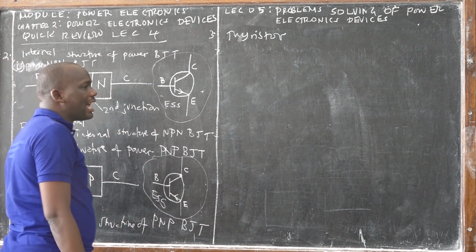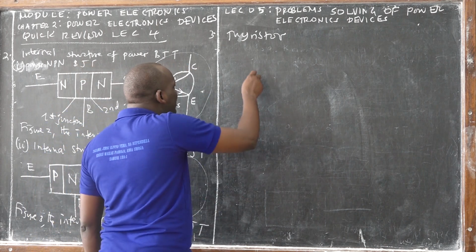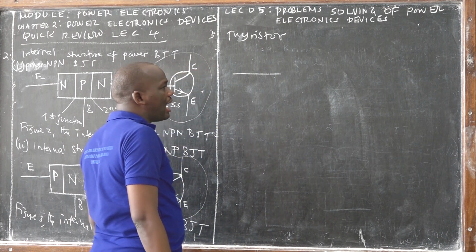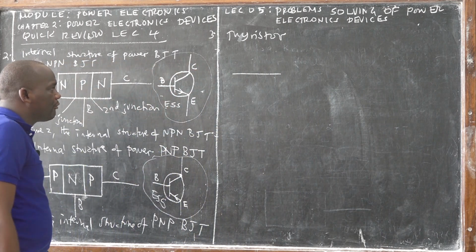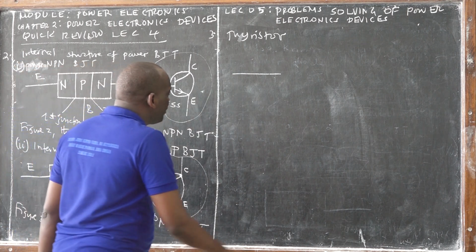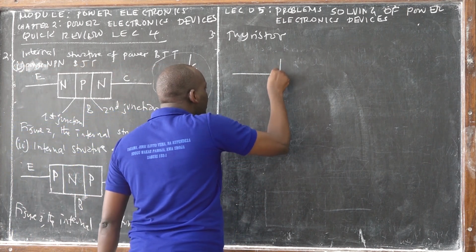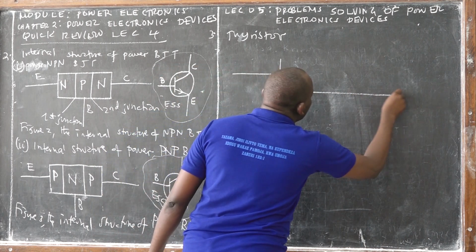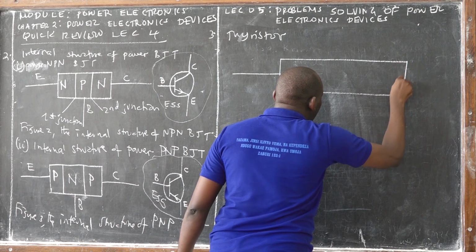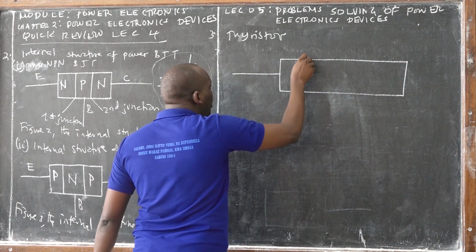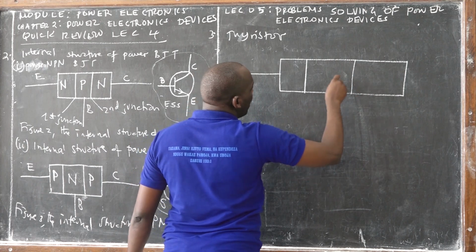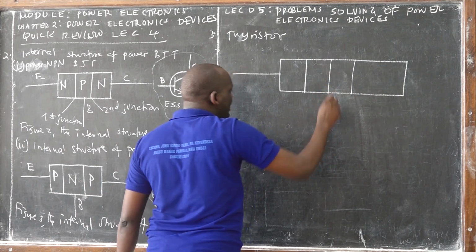The thyristor is the electronic component which actually has 3 junctions. 3 what? 3 junctions. It's not 2 junctions like a transistor. So first junction, second junction, third junction.